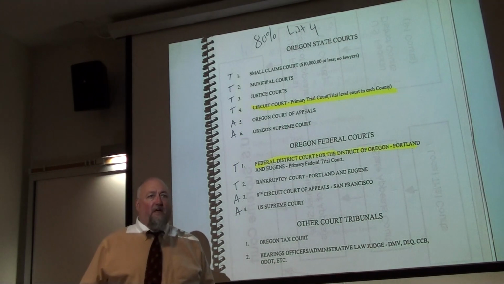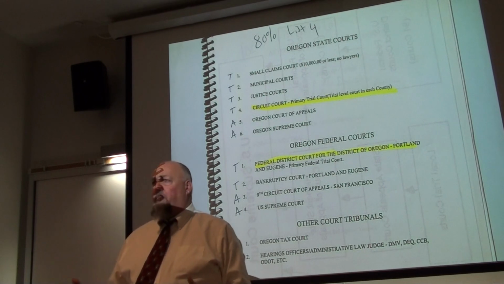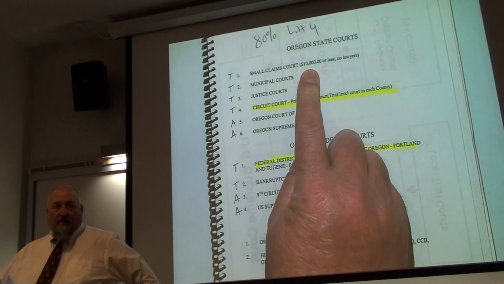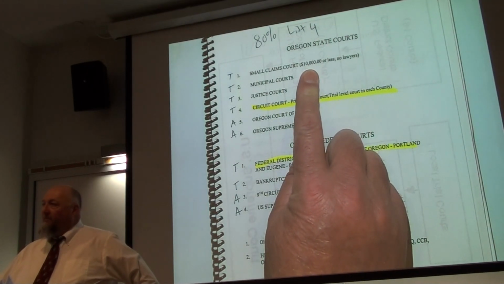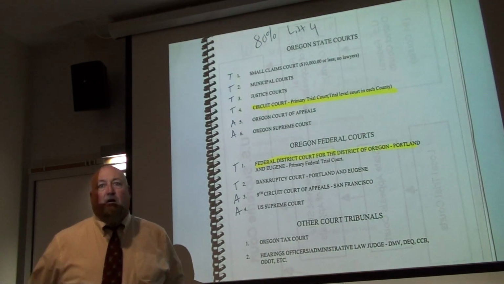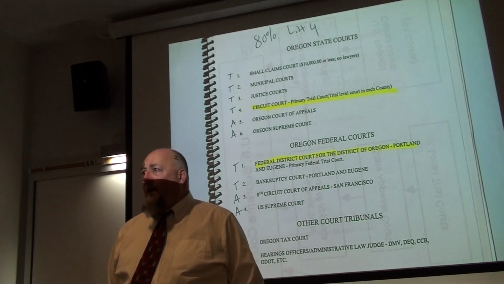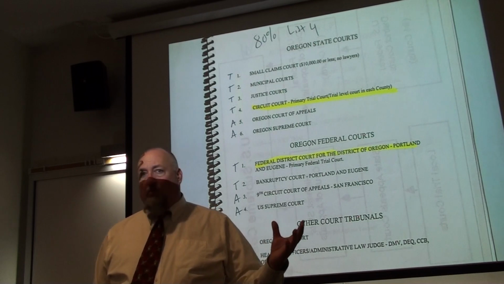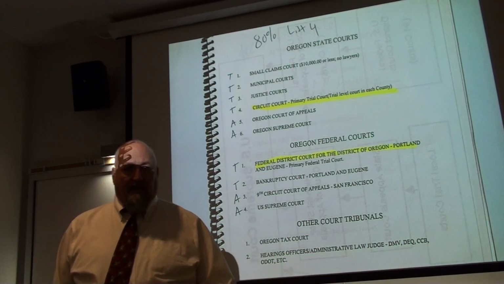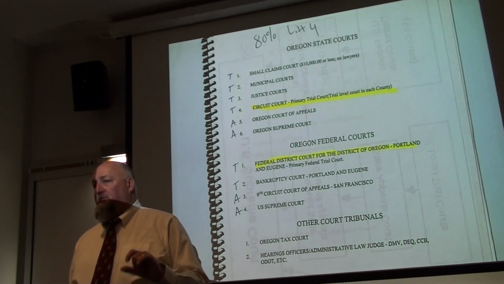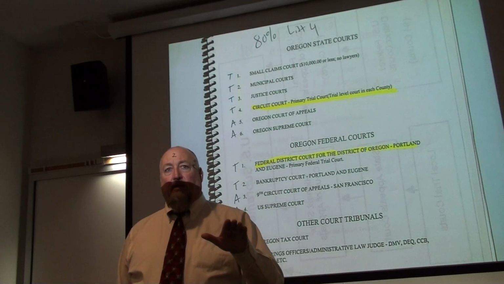Can't file a divorce case, it has to be a case involving money, and maximum of $10,000. So if you're going to sue somebody for more than $10,000, maybe for breach of contract, like on a business transaction, or an automobile accident or something, you're going to sue them for $20,000, you don't file small claims, because its exclusive or subject matter jurisdiction is limited to $10,000 or less.